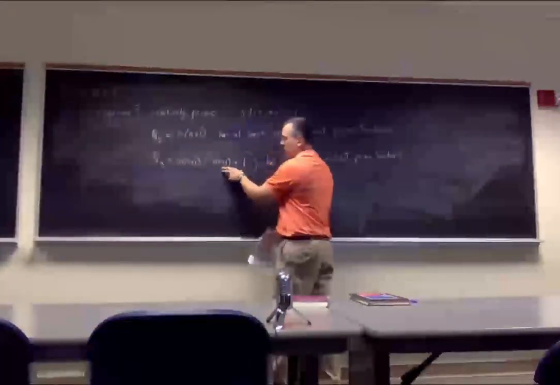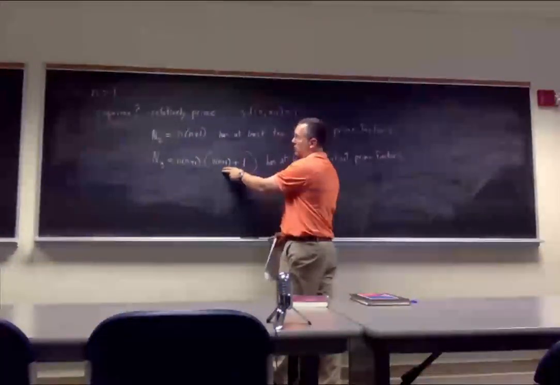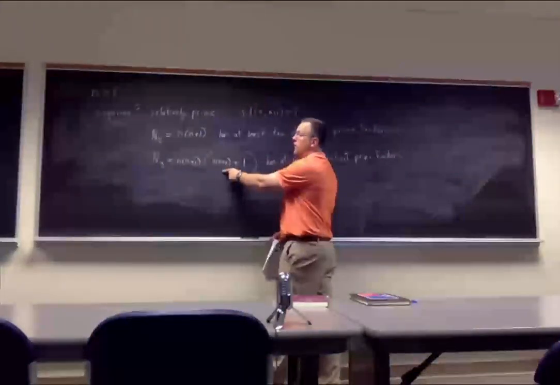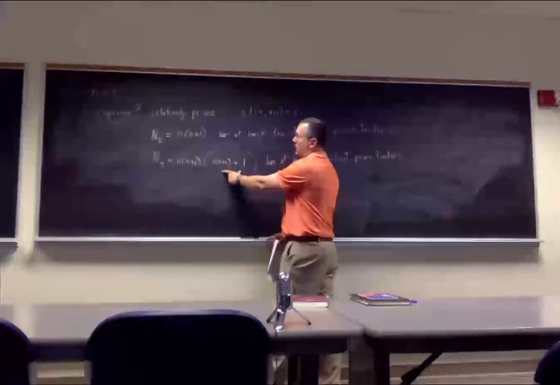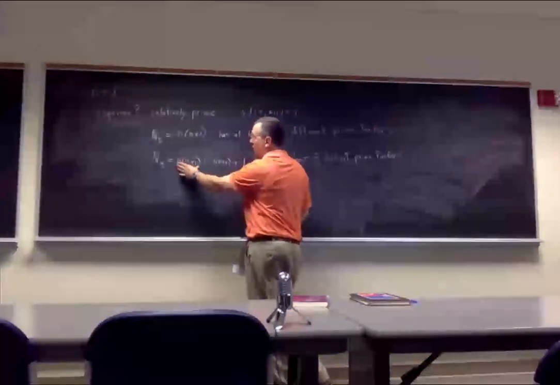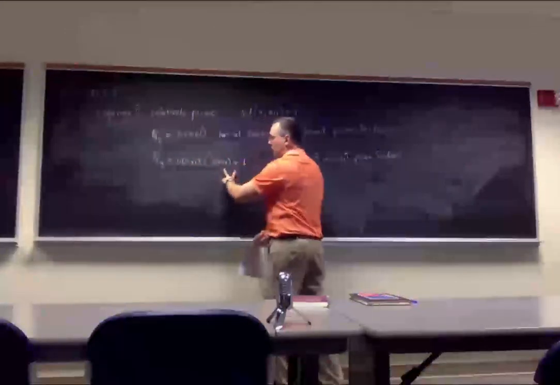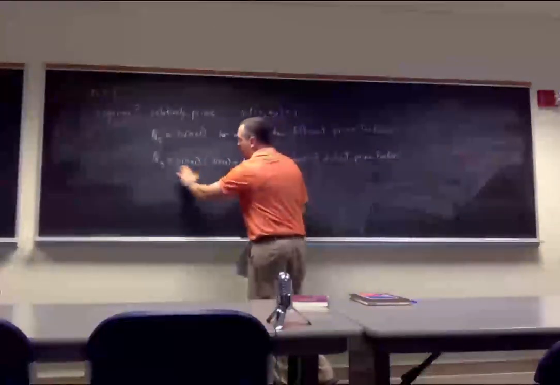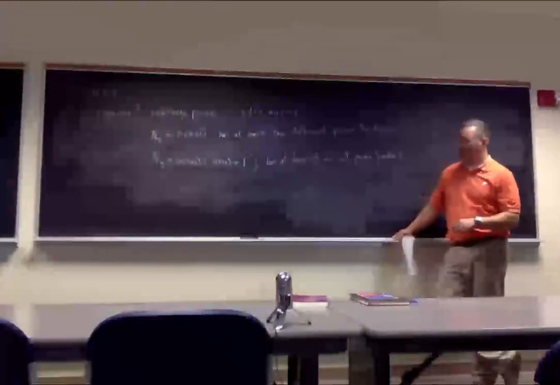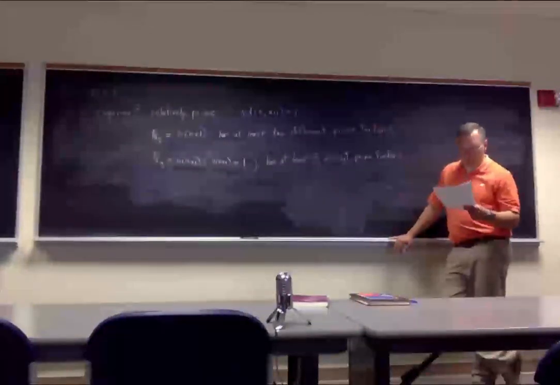This and this are consecutive integers, and therefore relatively prime. So this integer and this integer have two prime factors that are different, but this one has two of itself that are different, and none of those could be a prime factor of this because they wouldn't be relatively prime. All right, so that has at least 3 distinct prime factors, and we're done.